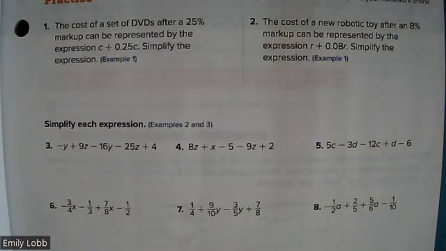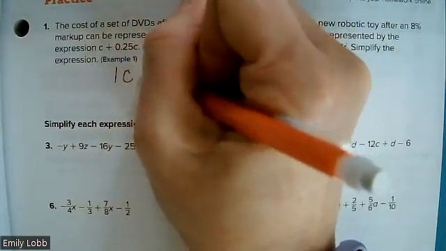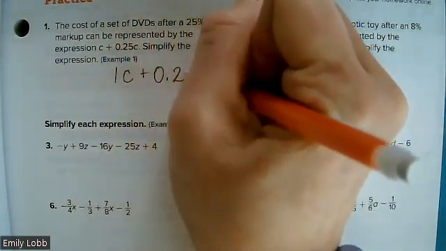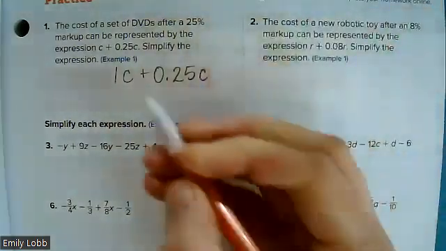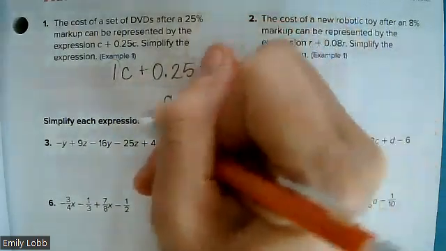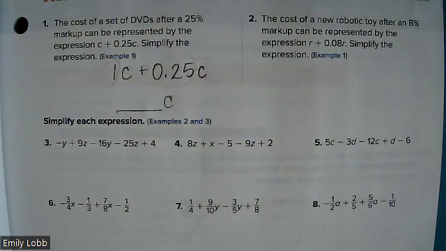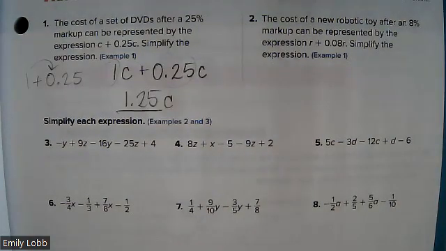We're kind of combining like terms together with what we already know. They gave you this nice expression. Remember, this is like 1C plus 0.25C. We can combine our coefficients and we're left with something C. So that's what you're going to do for number 2 as well, okay? So 2 things if you're getting stuck, right?